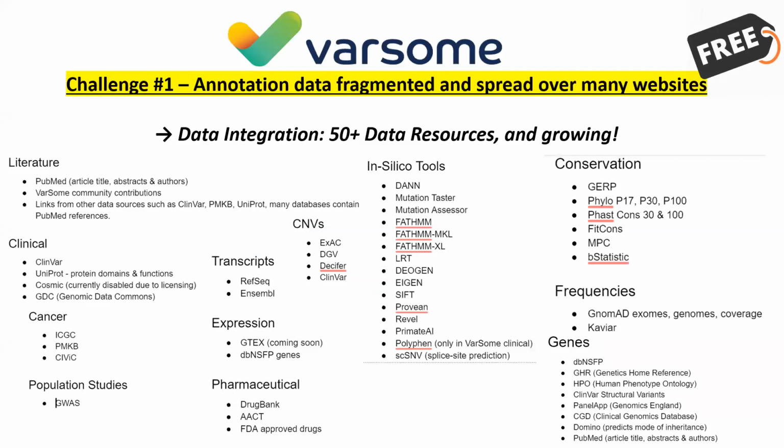Currently, you can find on VarSome annotation data from more than 50 public data resources, such as ClinVar, gnomAD, all the transcripts from RefSeq and Ensembl, annotation data for copy number variation, structural variation, expression profiles, annotation databases for cancer, such as ICGC, PMKB, CIViC, lists of publications, lists of drugs, lists of clinical trials, in silico predictions, conservation scores, clinical data resources for genes, phenotypes, and diseases, and so on and so on. Over 50 data resources matched together.